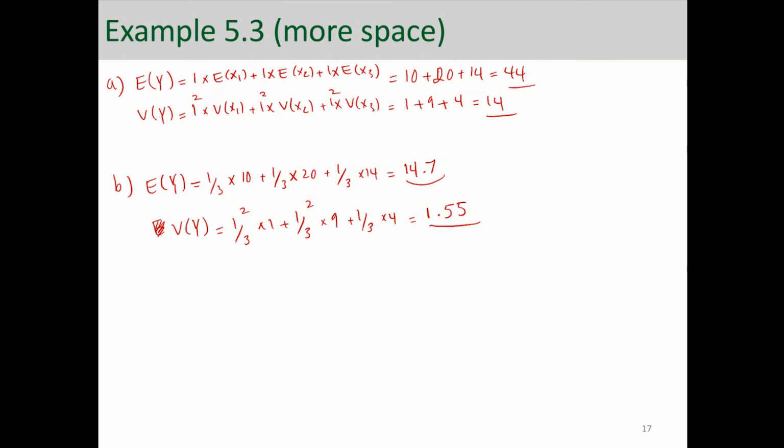So this is how you calculate the expected value and variance of a linear combination.